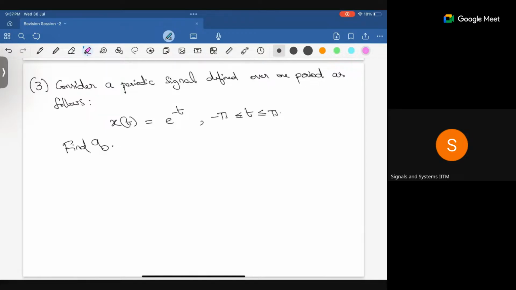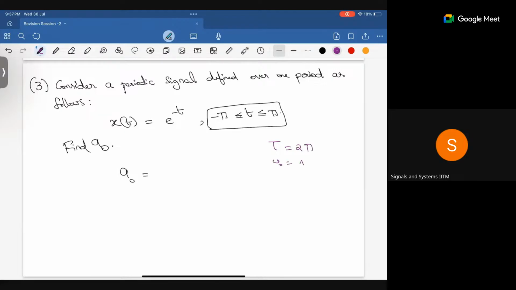then try this also. We are just asked to find a naught. Here again one period is from minus pi to pi. So the time period will be 2 pi.